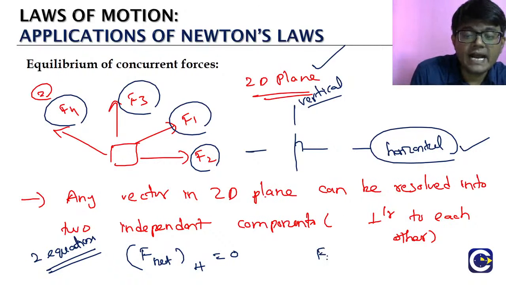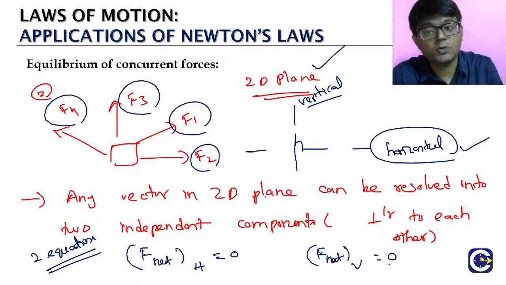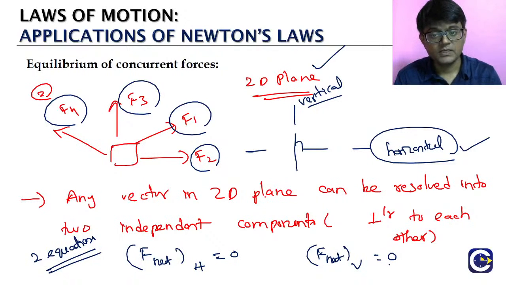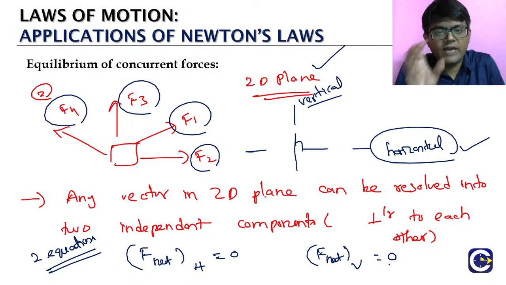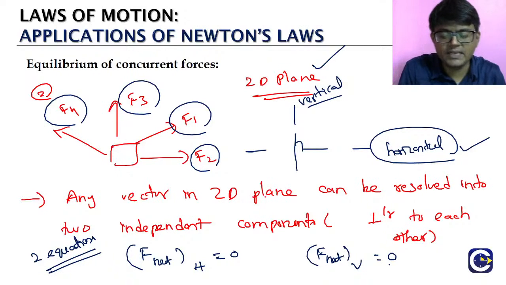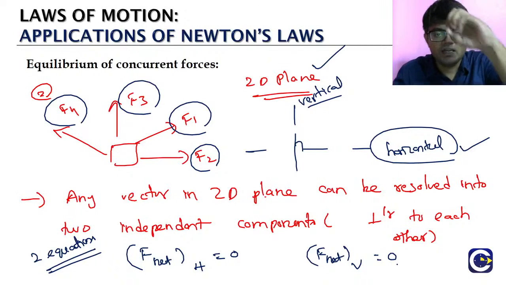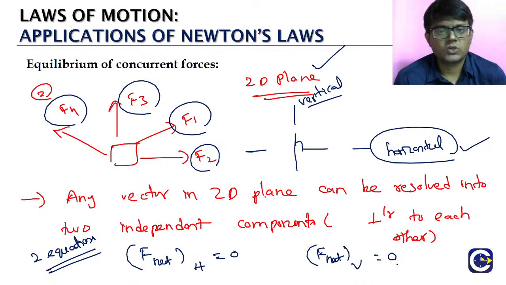Similarly, when you add up all the vertical components of forces, they also add up to 0. So in the horizontal, all the force components to the right will balance the force components to the left. Similarly, all the upward components will balance all the downward components.